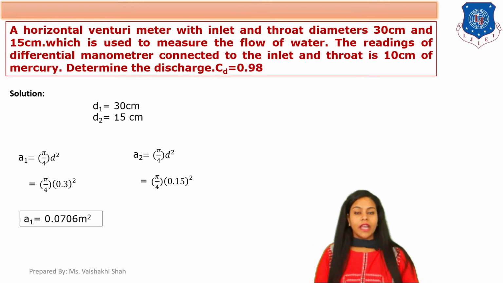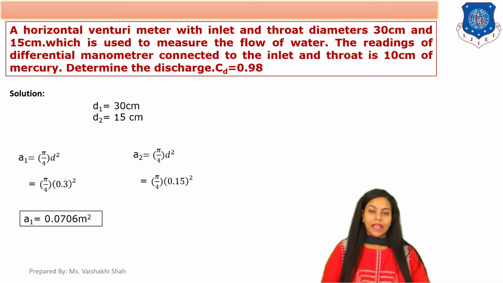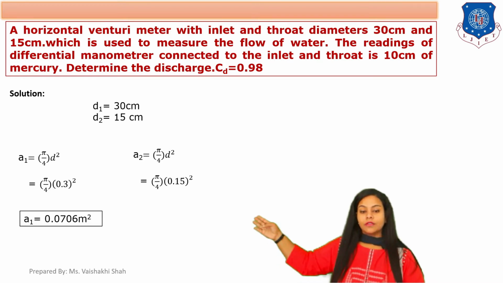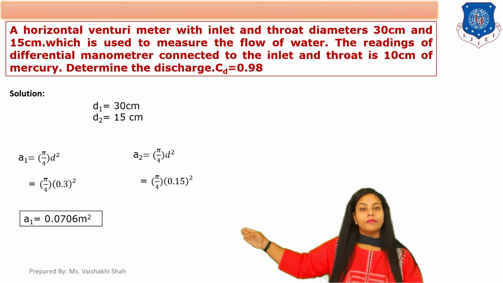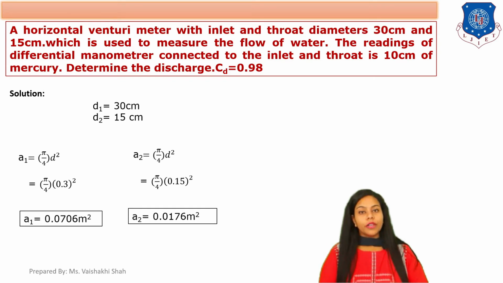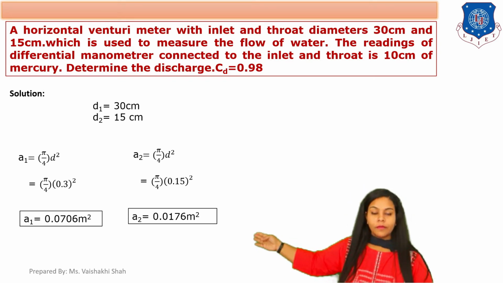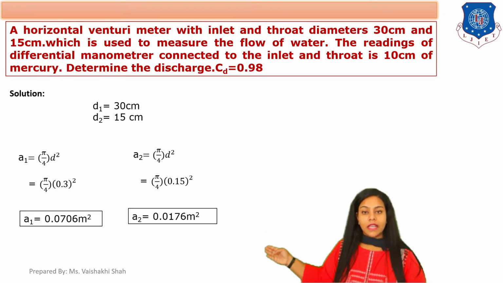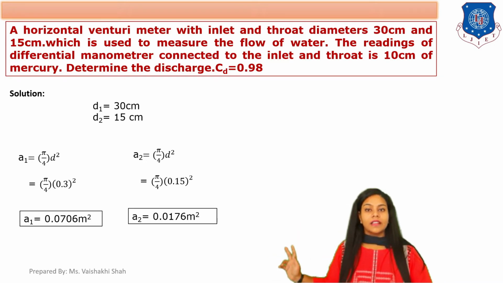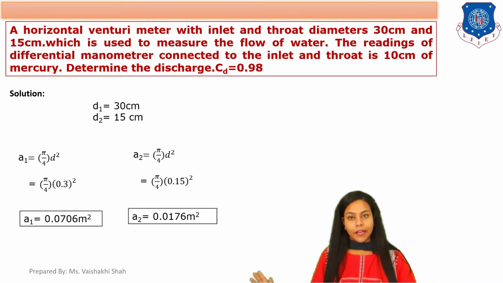Same way you can find A2, area at section 2, that is pi by 4 D2 square. So pi by 4 into 0.15 square. So A2 equals 0.0176 meter square. These are the values for A1 and A2.